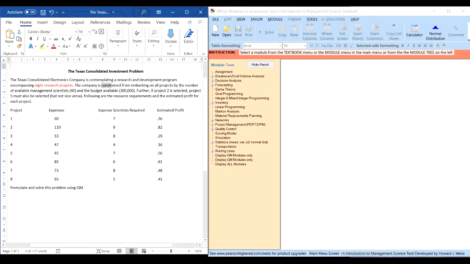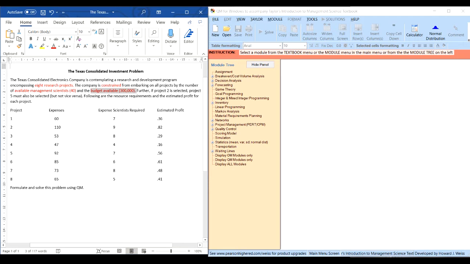So here they're making it very easy. Constrained. Available management scientists. And the budget available, $300,000. So we have 2 constraints already.